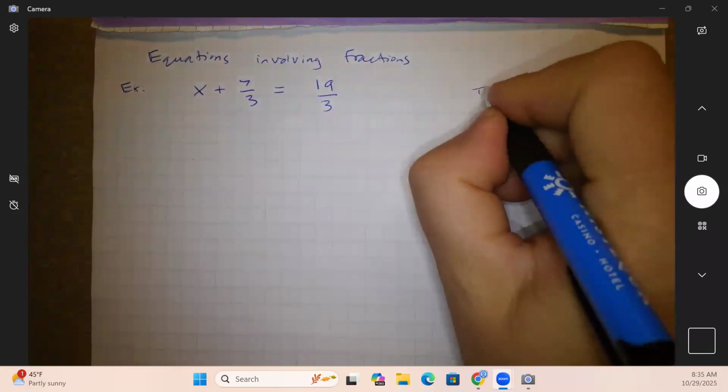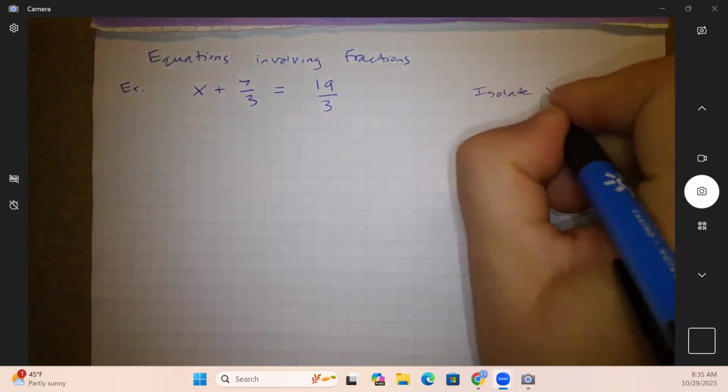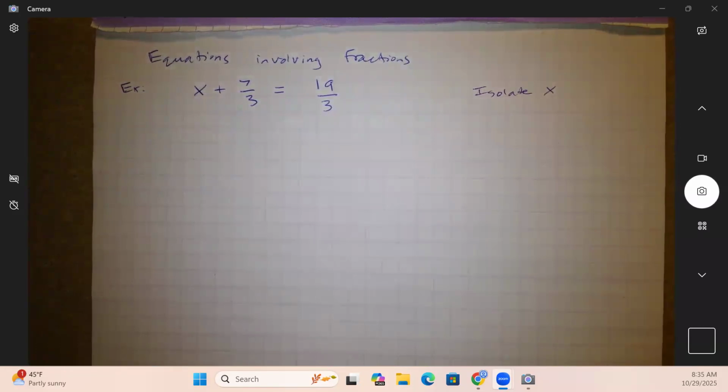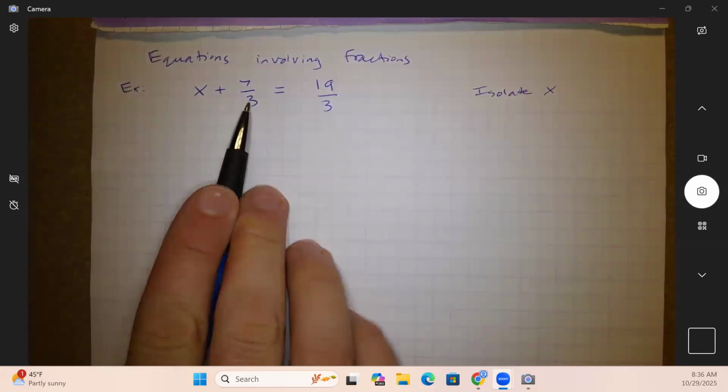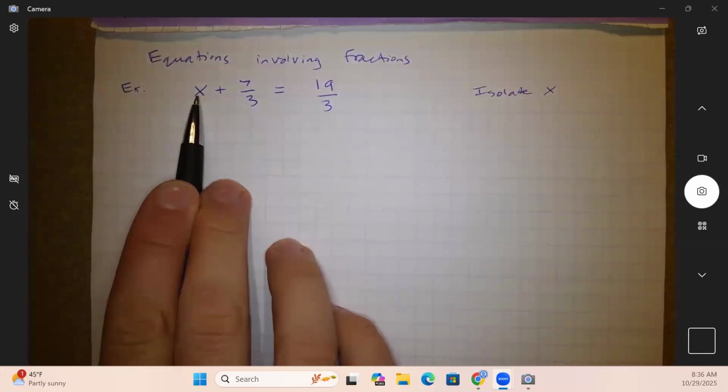I want to isolate x. How do I isolate x? Oh, but that's not a coefficient because it's not actually multiplying by x.